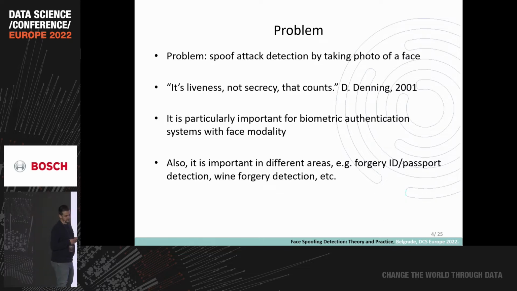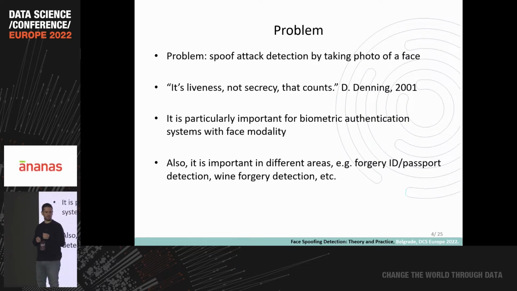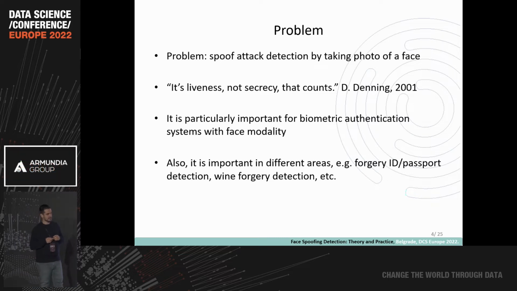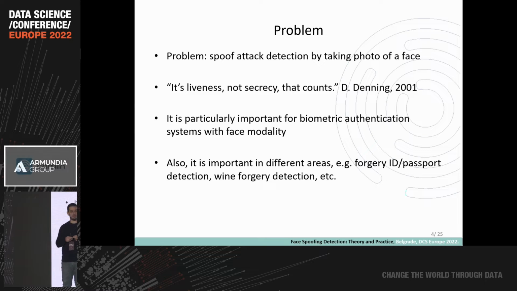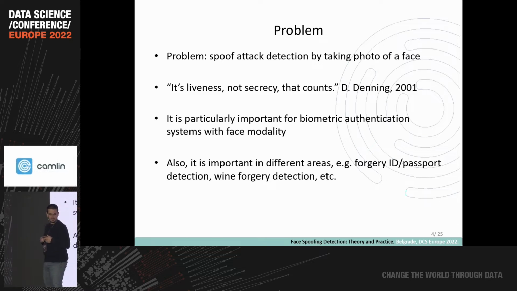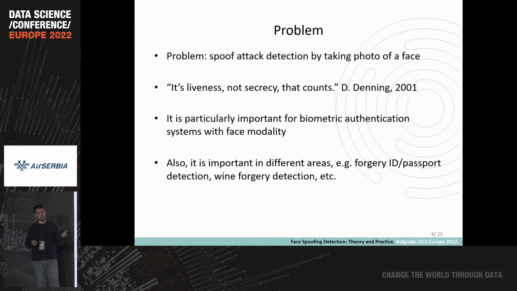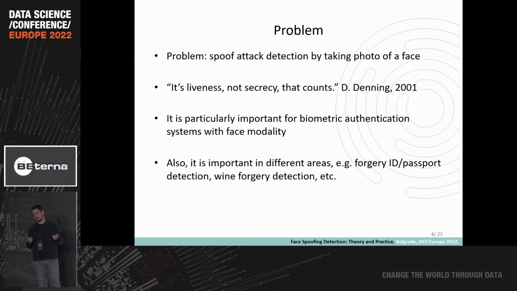Okay. The problem that I will be talking about is spoof attack detection by taking a photo of a face. This problem is particularly important in biometric authentication systems when we try to authenticate with the face modality, and it is actually a part of a Blinking solution for authentication.